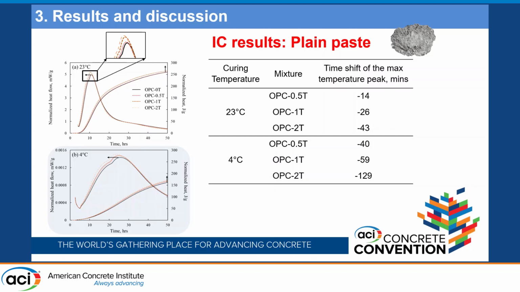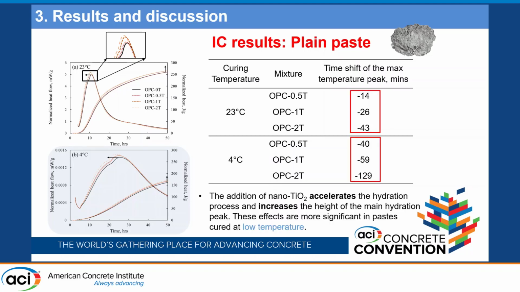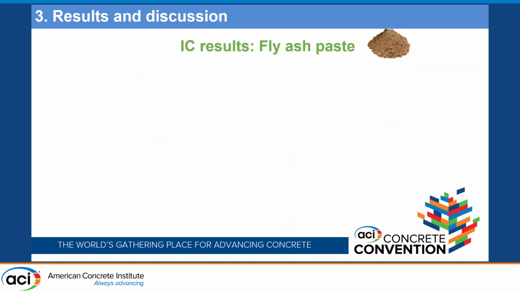And you can see in particular at low temperature we have much more significant acceleration of hydration. So the conclusion is that adding nanomaterials does increase the heat output, and the kinetics of hydration is generally accelerated.